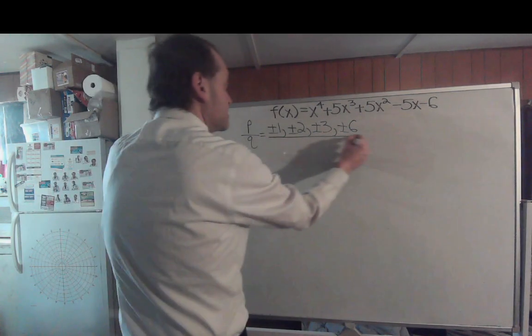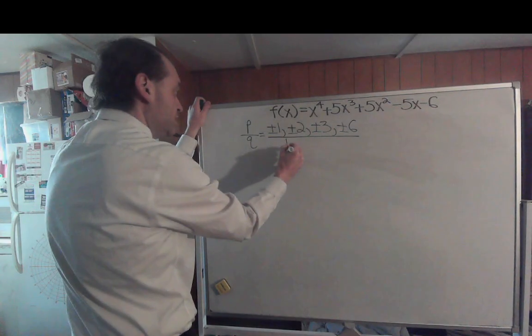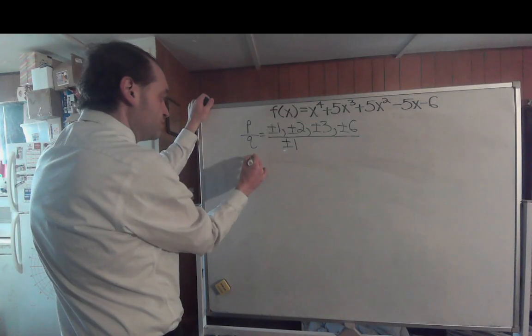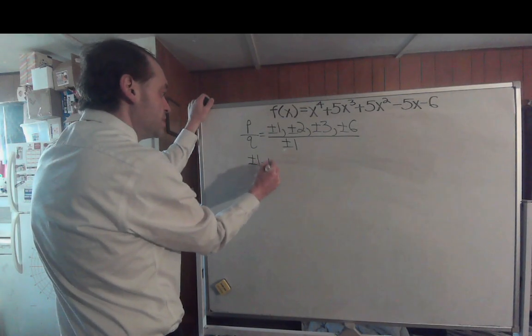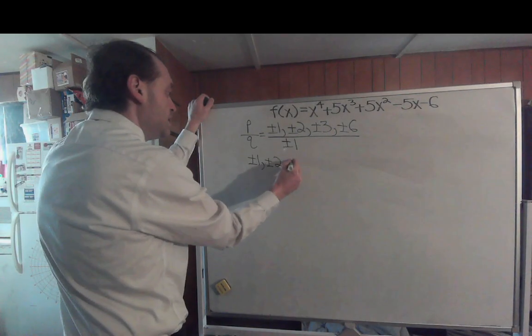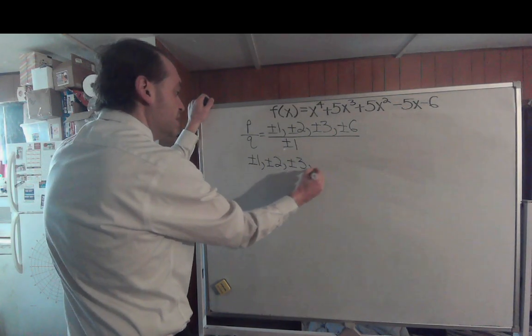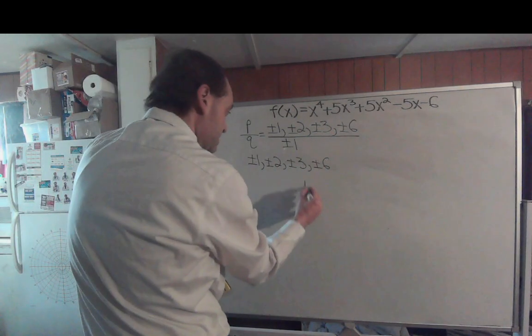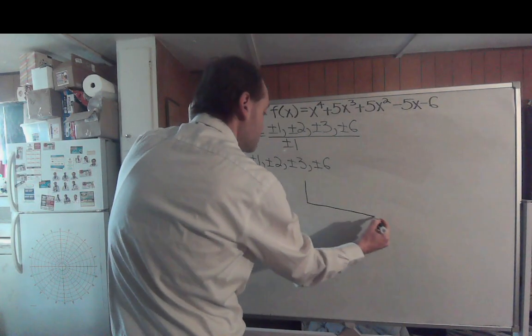Over the factors of your leading coefficient, which would be plus and minus 1. So therefore, your possible rational zeros are plus and minus 1, plus and minus 2, plus and minus 3, and then plus and minus 6. Alright, let's set up our synthetic division here and do some testing to see which ones work.